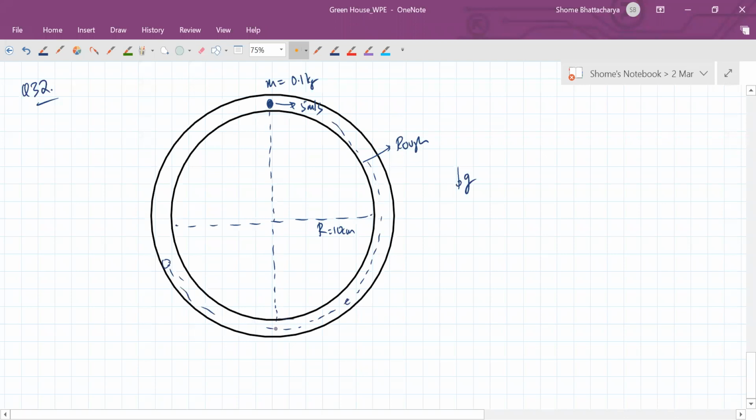And by repeating this many times, eventually going back and forth like this, it's coming to rest at the position B. So we have to find the net work done by friction. So the net work done by friction, you can see over here, will become the change in mechanical energy.